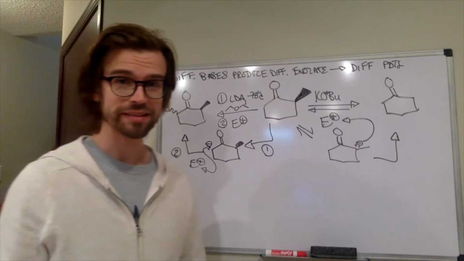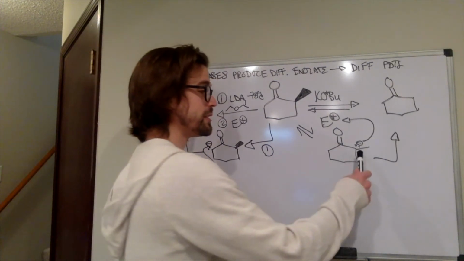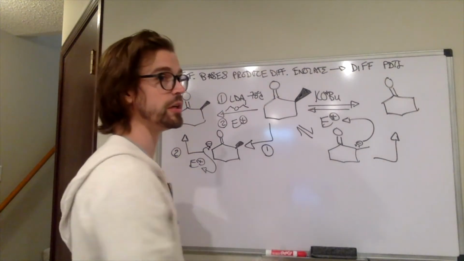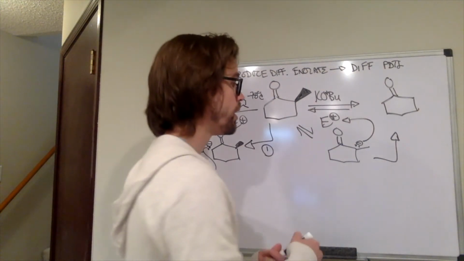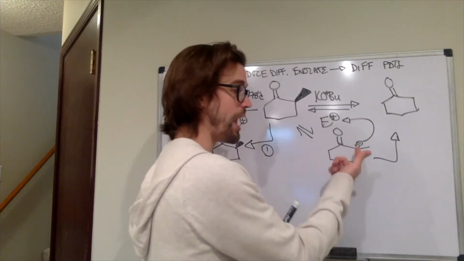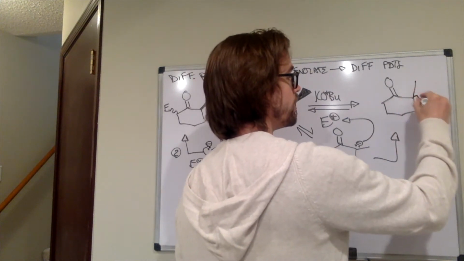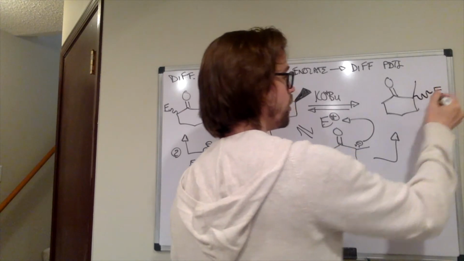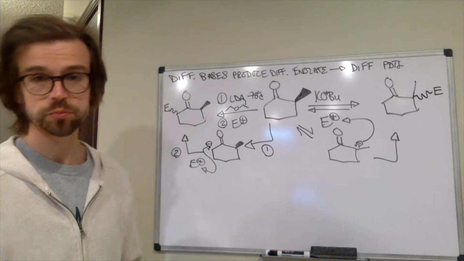But that is conjugated with the pi bond, so it must be in a p orbital, which means this is a trigonal planar stereocenter where it used to be tetrahedral, and this used to be a defined stereocenter. But now that we've added the electrophile and planarized that stereocenter, we now have racemized that stereocenter. So that electrophile would have added to both the top and bottom of that position.